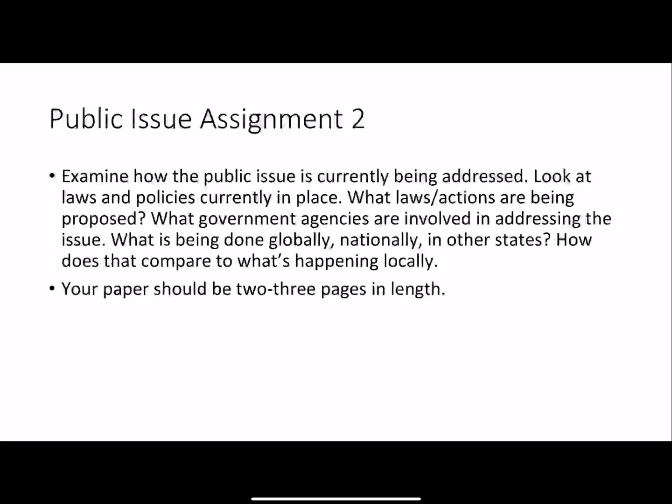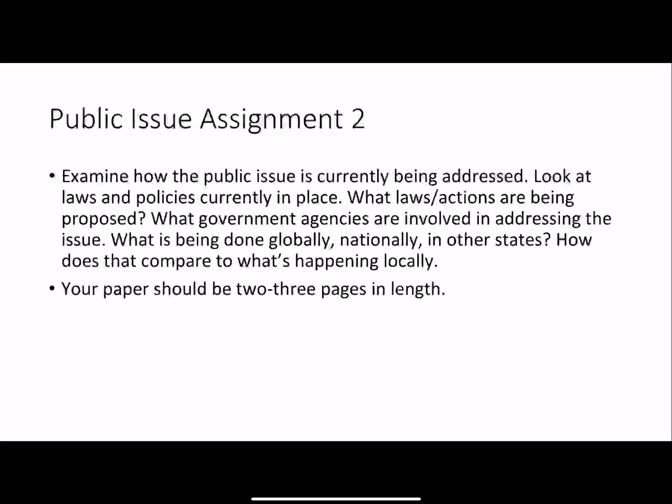It really depends on what your issue is. Sometimes there may be policies in place in a particular workplace that might be relevant. What government agencies are involved in addressing this issue? What's being done globally, nationally, and in other states? And then you want to compare that to what's happening locally.